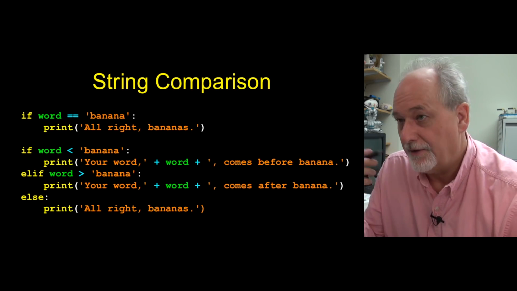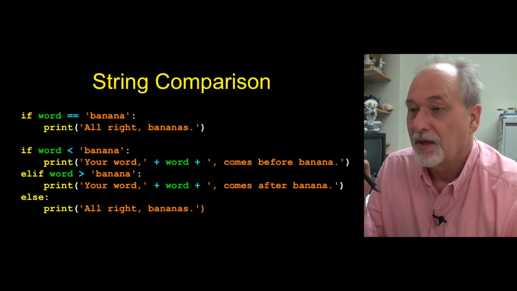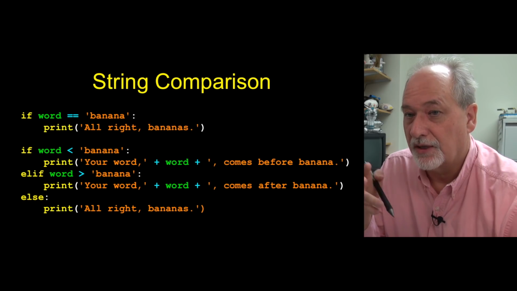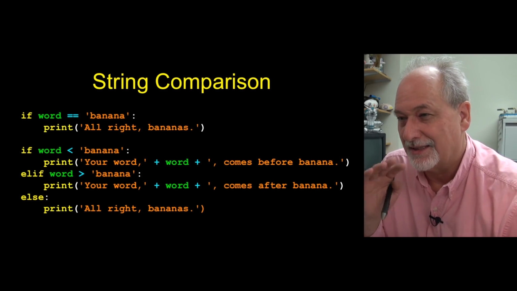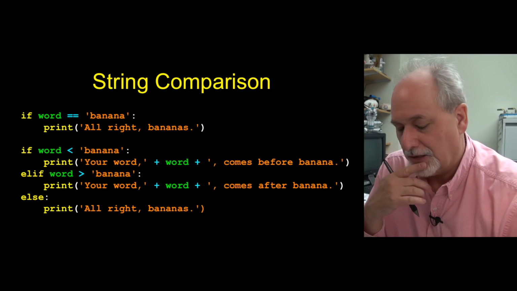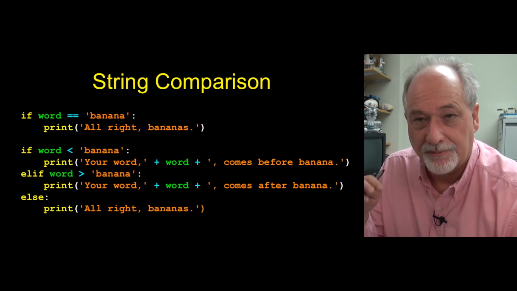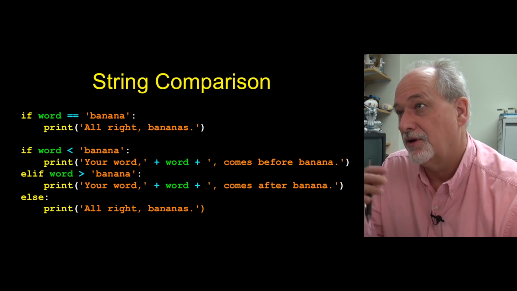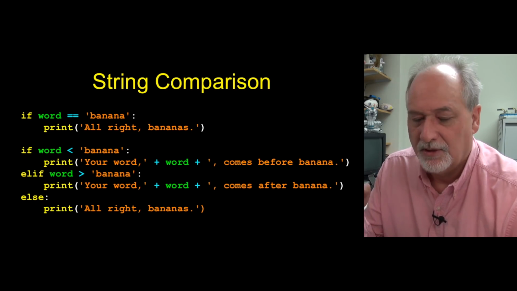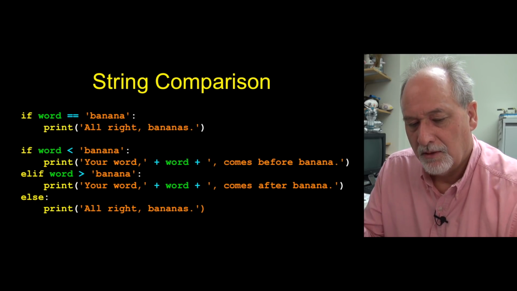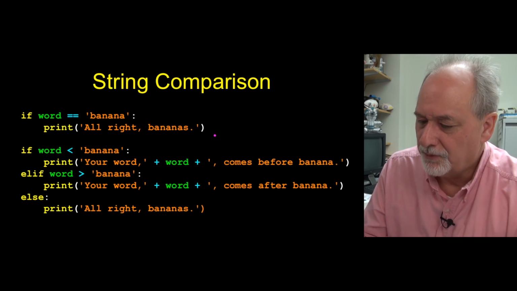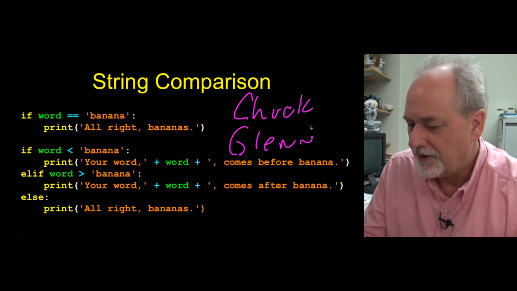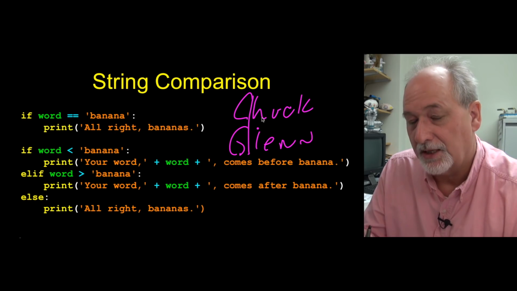With less than and greater than, you have to be aware of uppercase, lowercase, and things like where punctuation sorts relative to letters. That's kind of unpredictable and depends on the character set of your computer, and is something you just play with and figure out. If you're sorting by first name and last name, as long as the case is kind of the same, like sorting Chuck with an uppercase and Glenn, the uppercases would sort right and the lowercases would sort right.